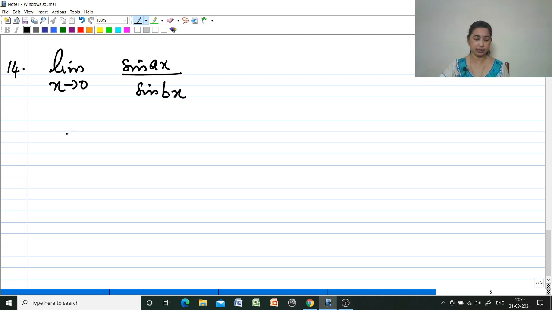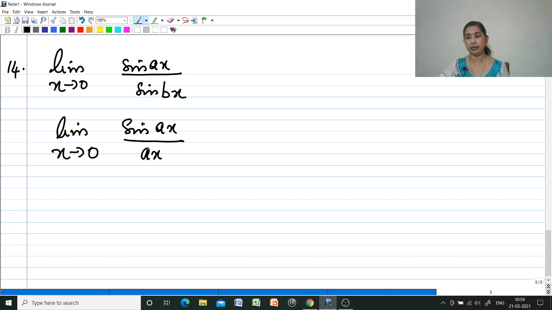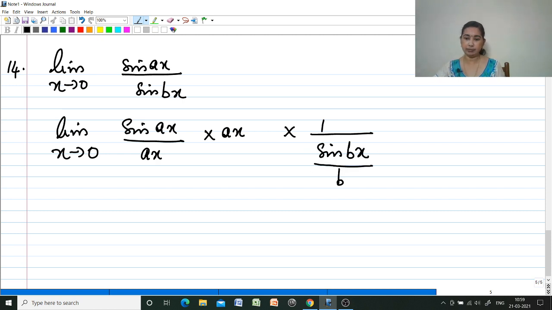So we'll just write limit x tends to 0. Here, for sin Ax, the denominator should be Ax. Since I have divided by Ax here, we have to cancel that out by multiplying by Ax. Then, the denominator is sin Bx, that is 1 by sin Bx in the denominator. So in order to apply the result here, we have to divide by Bx and cancel that by multiplying by Bx.